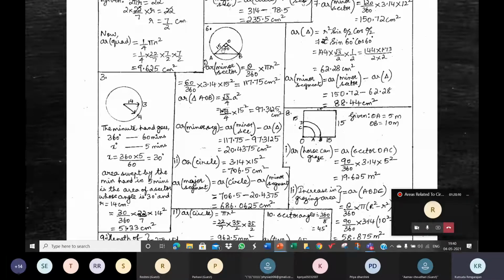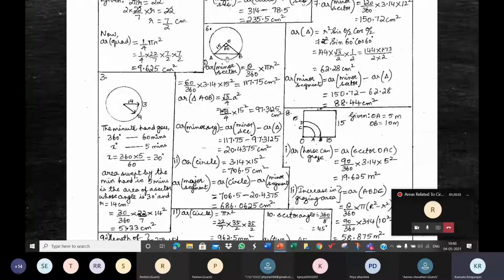So circle, center O, chord AB, subtends 60 degrees at the center. You can see it here. It makes 60 degrees at the center. Let me read it again. A chord of a circle of radius 15 centimeters. Sometimes we misinterpret the information given. Read it carefully.